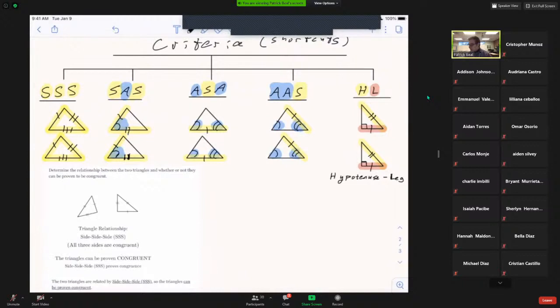Now you notice up here, I only have 2 letters. But if you look in the picture, there are 3 things marked. What's the other thing that I marked in the picture, besides the hypotenuse and the leg? What else is marked in this picture?